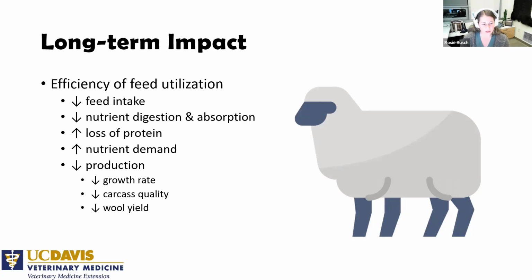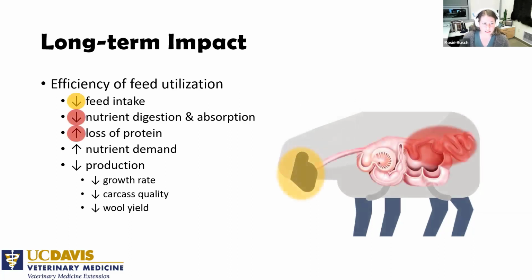So with certain diseases, most diseases, we get a reduction of feed efficiency or just resource utilization. And that can be because of reduced feed intake. Depending on the disease, they may have decreased nutrient digestion and absorption, especially if it's a disease that affects their gut.